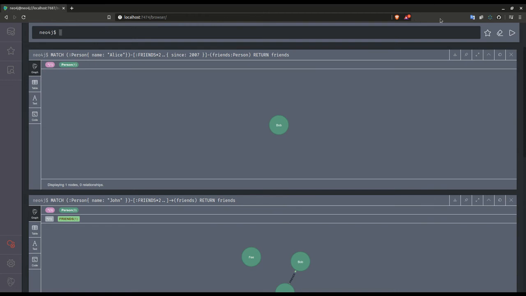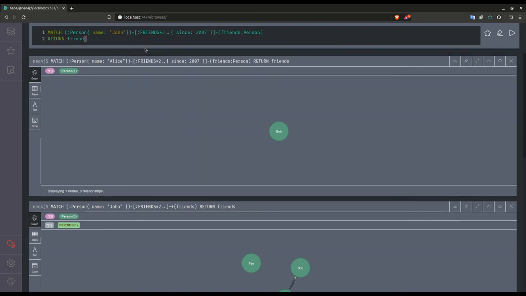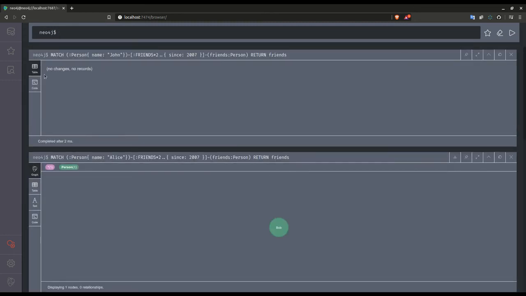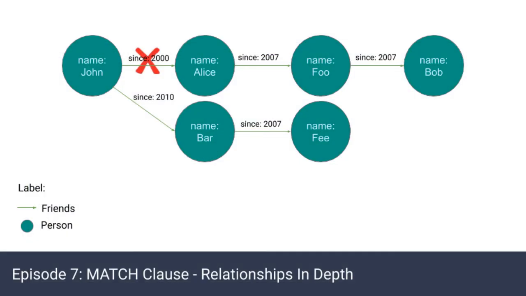Also notice we are using Alice here, but if we change it to John, this is the result. Interestingly, it returned nothing. Why? This is because there's already a disconnect between John and Alice, whereby they don't meet the requirements of their relationship.